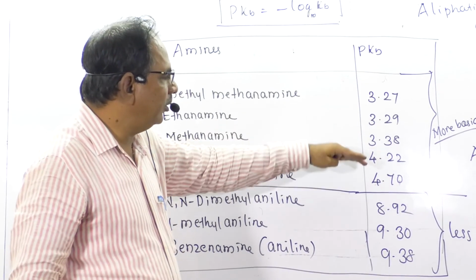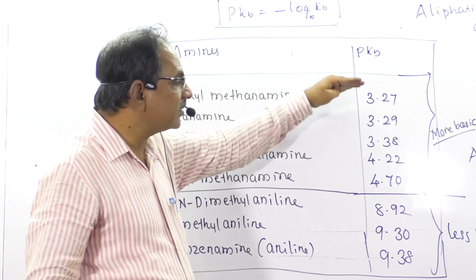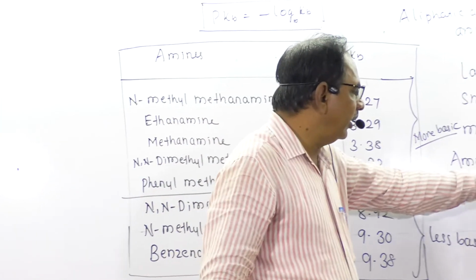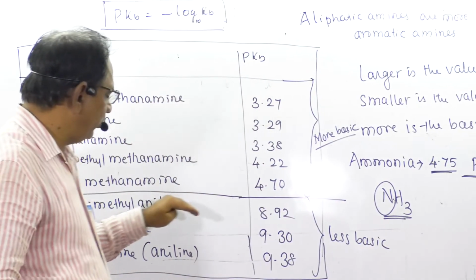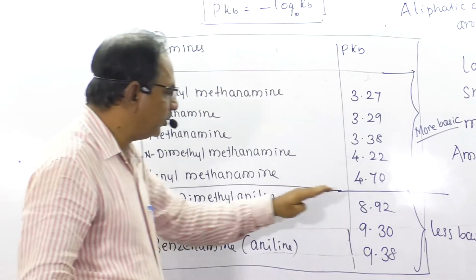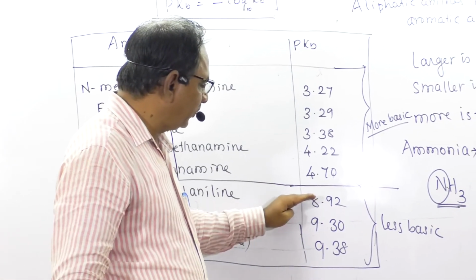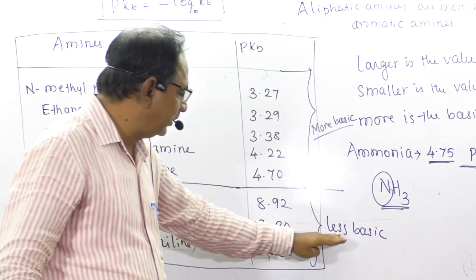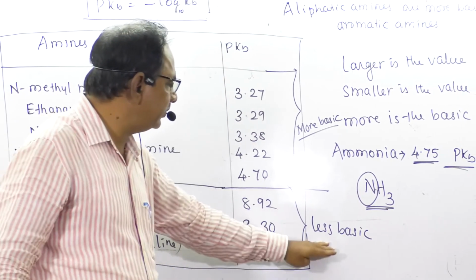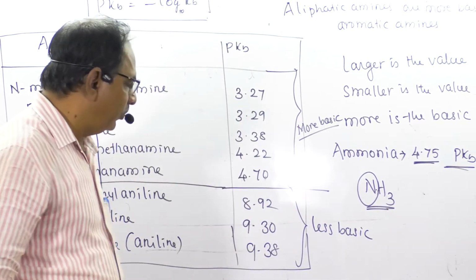The pKb value of aliphatic amines is less than the pKb value of ammonia, and the pKb value of aromatic amines is more than that of ammonia. Hence aromatic amines are less basic and aliphatic amines are more basic.